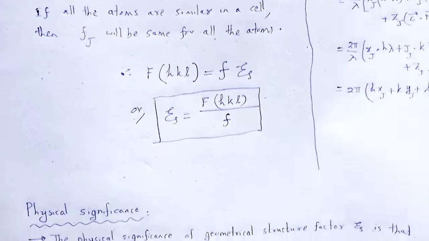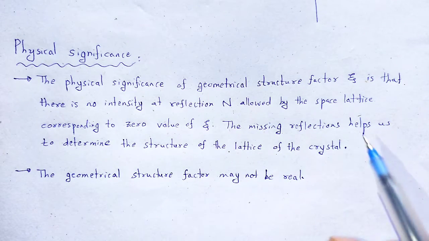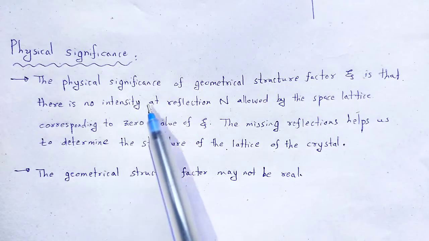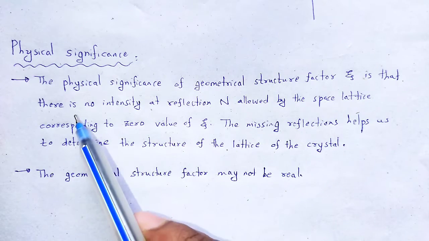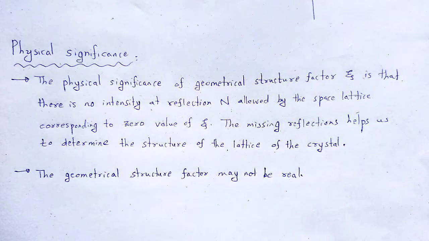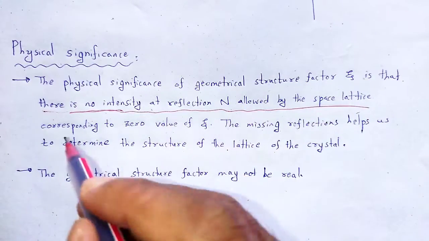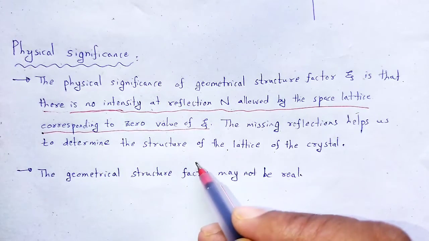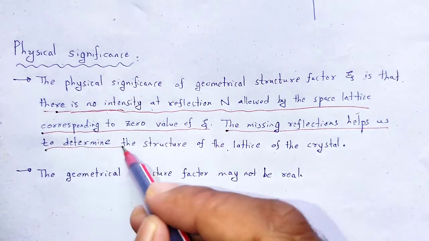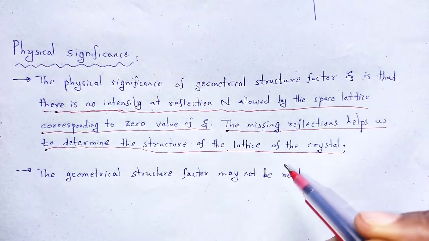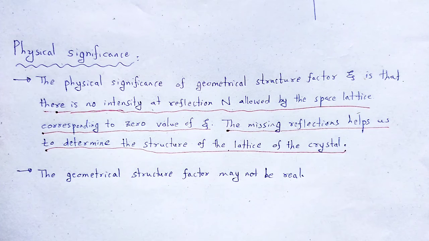The significance of geometrical structure factor: the physical significance of zeta is that there is no intensity in a reflection not allowed by the space lattice, corresponding to a zero value of zeta. By using that, the missing reflections help us to determine the structure of the lattice of the crystal, and that geometrical structure factor is not real, it is a complex term.